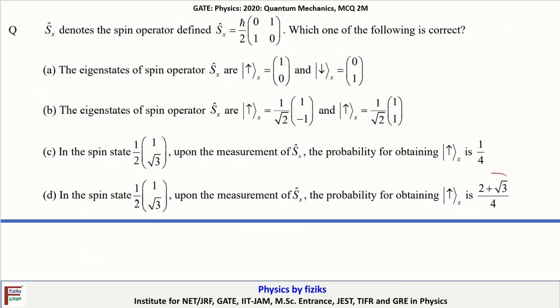So this is our correct answer, option D.